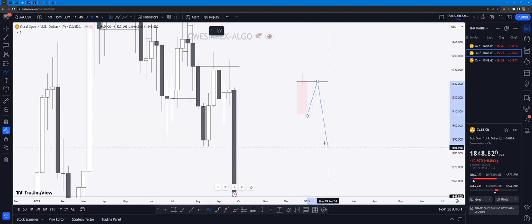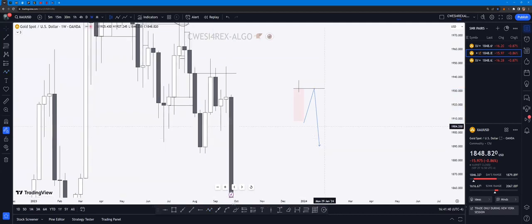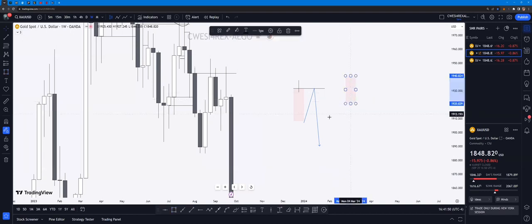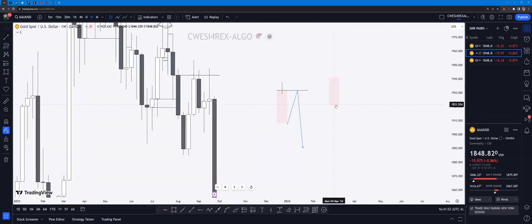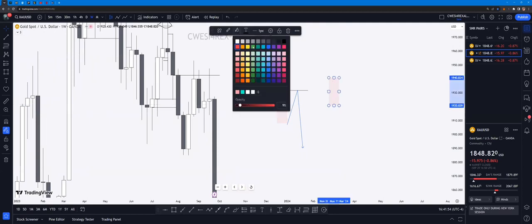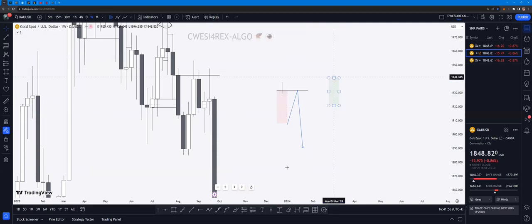Okay, what I prefer is, if I'm looking for sell opportunities, we have a bullish gap level. If I'm looking for sells, I prefer we have this bullish gap level where we have this support.